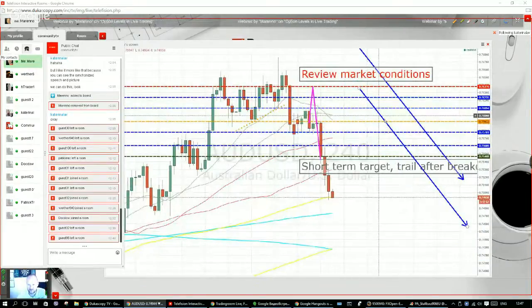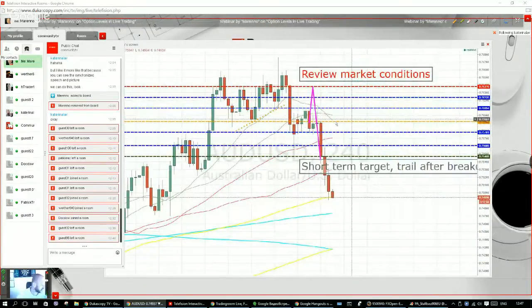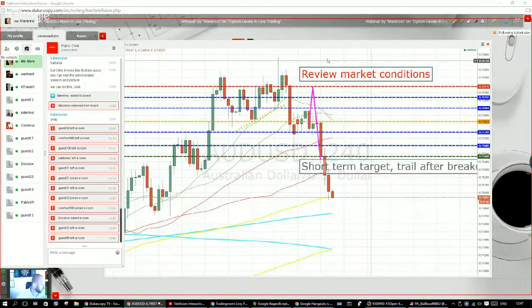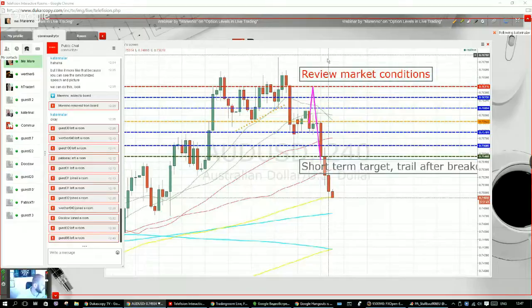Very strange. All right, so let me check. It does look like something. It's Aussie dollar. It might be all fine. I'm just a bit paranoid.